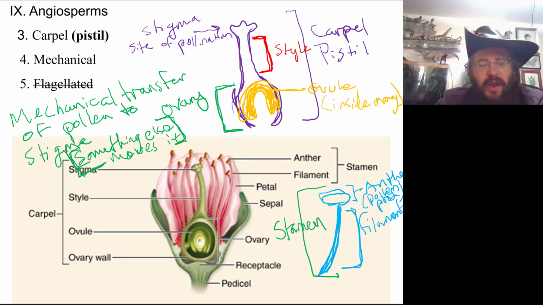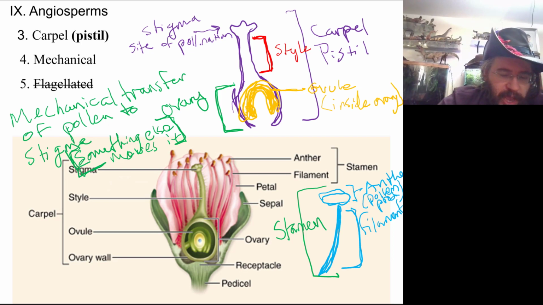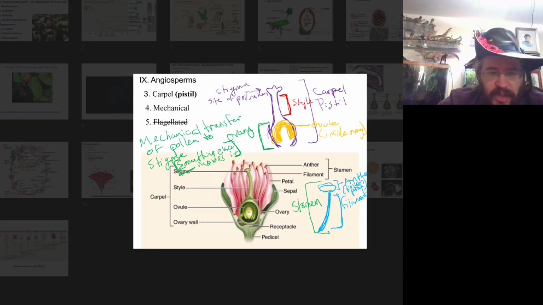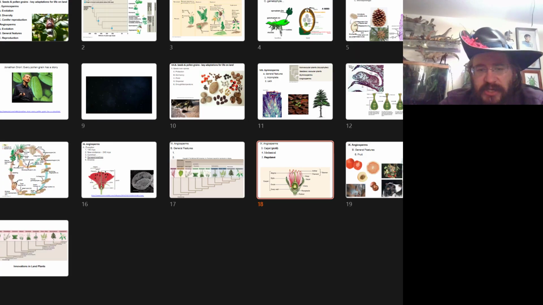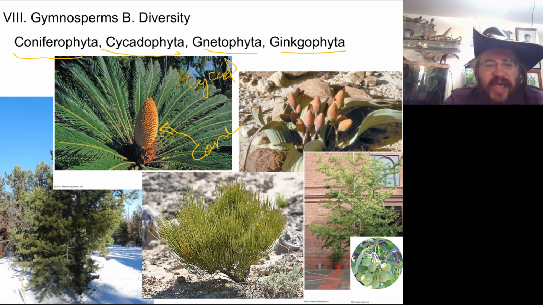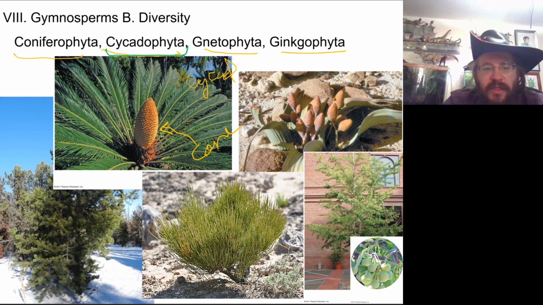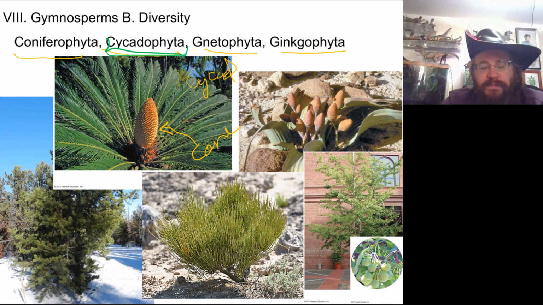This can be compared to the self-motile flagellated sperm in previous plants. I know I didn't really talk about it. I thought I had more slides on it, but I think I cut down gymnosperms for time. But cool things, cycads, they have flagellated sperm. So that's kind of wild.